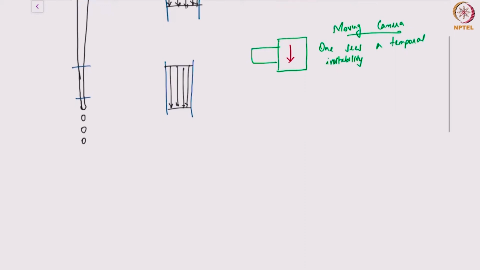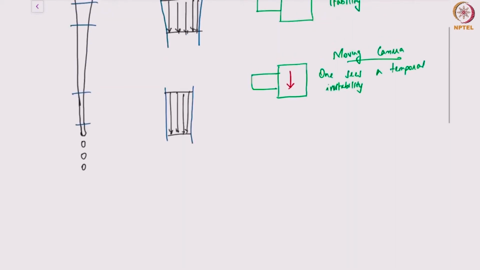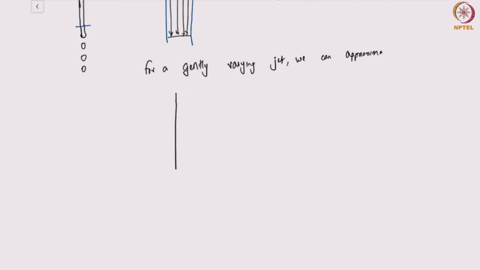So, for a gently varying jet, we can approximate the jet to have a constant radius.